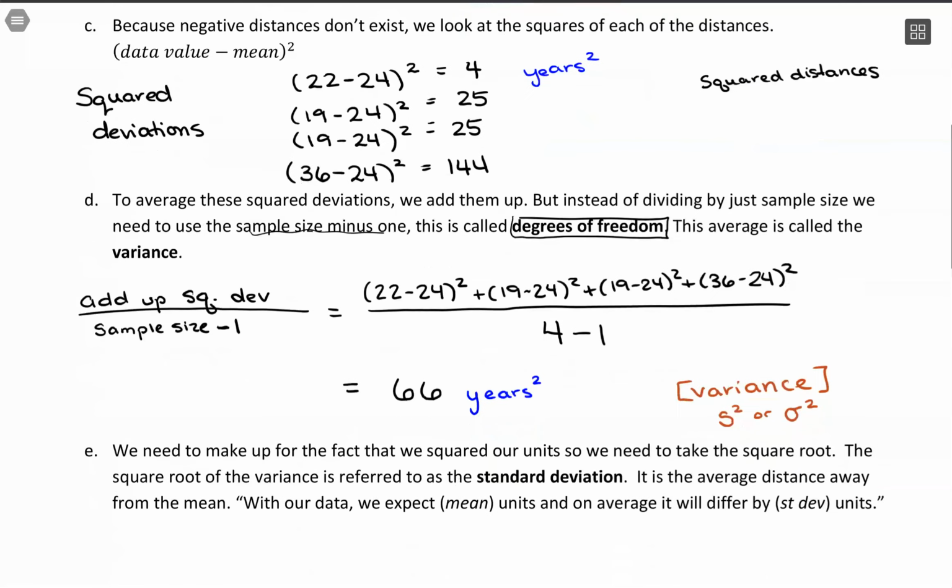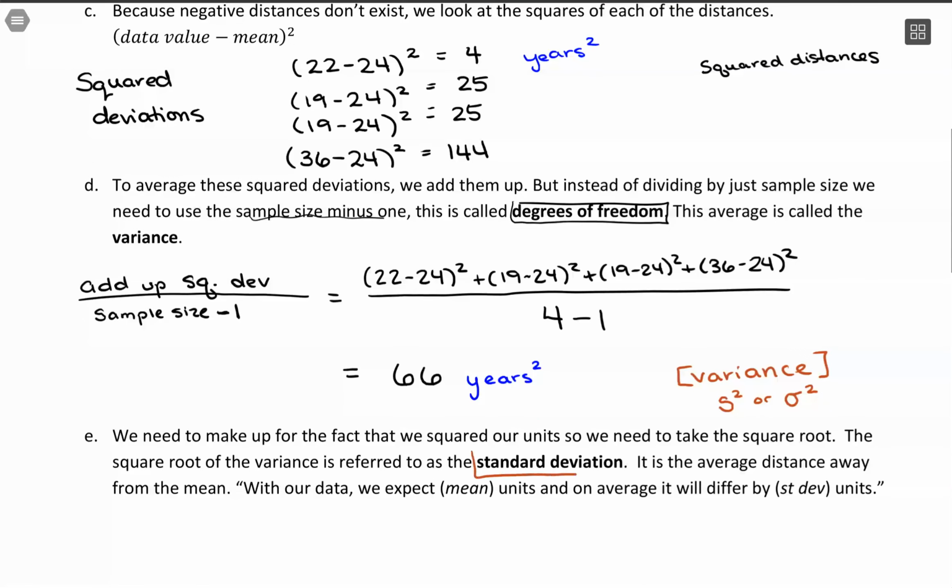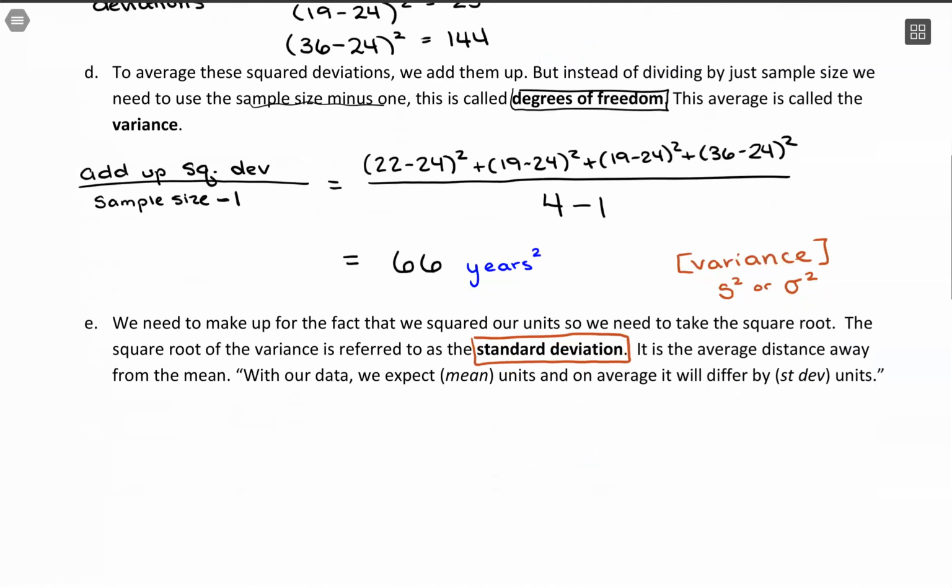But what we want to get to is standard deviation. And to do that, we basically want to undo the square on our units. So what we're going to do is take a big square root. So what we're going to have is the square root, and I'm just going to write it out long. It comes down to the square root of 66, but it's that we're taking the square root of these squared deviations added up in the numerator.